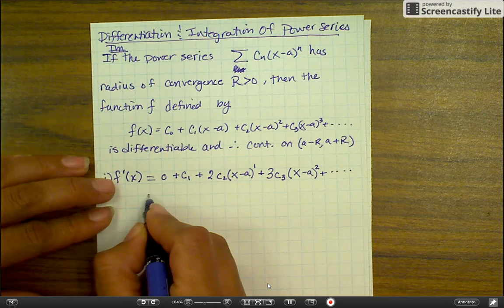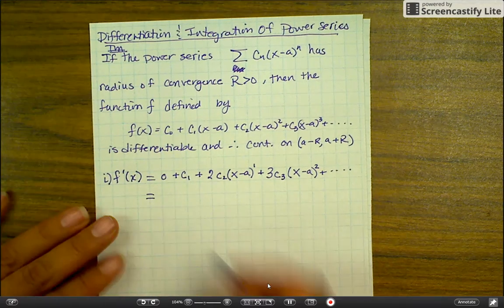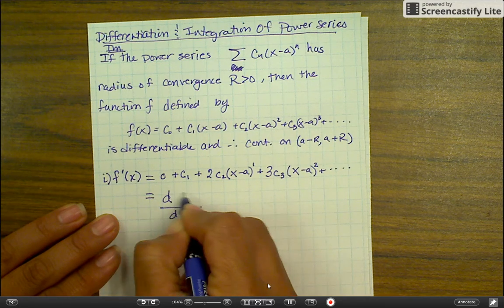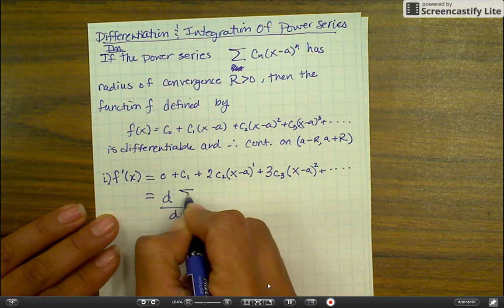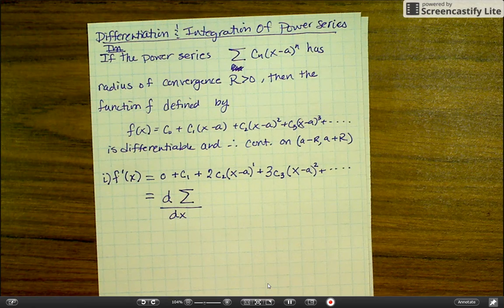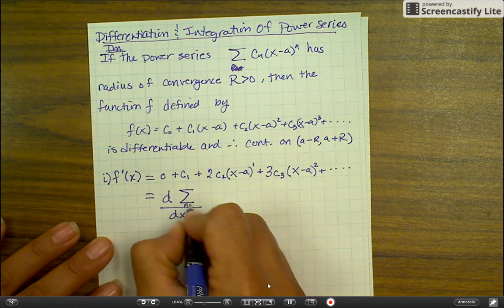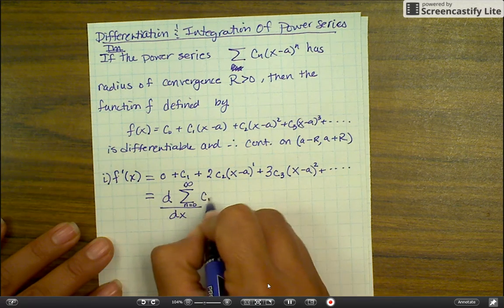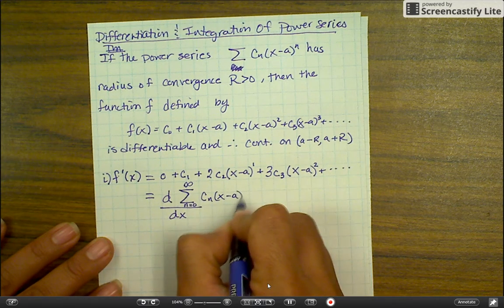This is the same thing as us taking the derivative with respect to x of this sum, n equal to 0 to infinity, Cn times x minus a to the n.